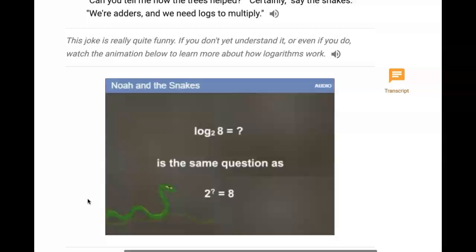The answer is log base 2 of 8 equals 3, because 2 to the third equals 8. What is log base 10 of 0.01? To what exponent do we need to raise 10 in order to get to 0.01? The answer is log base 10 of 0.01 equals negative 2, because 10 to the negative 2 equals 0.01.